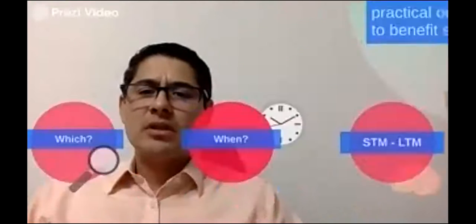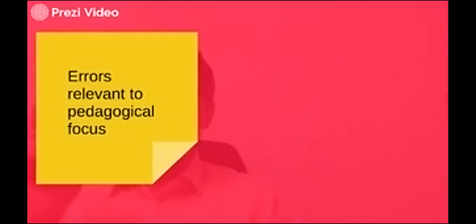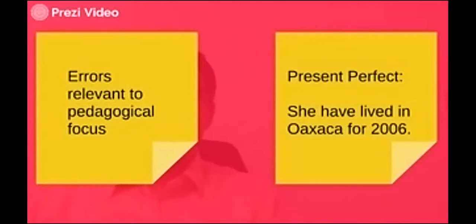Now let's talk about when to correct. If you can hear an error or mistake in a class, but it is not relevant to the pedagogical focus, probably do not correct. You should only correct errors that are relevant to pedagogical focuses when you're teaching a specific topic. I am teaching the present perfect.